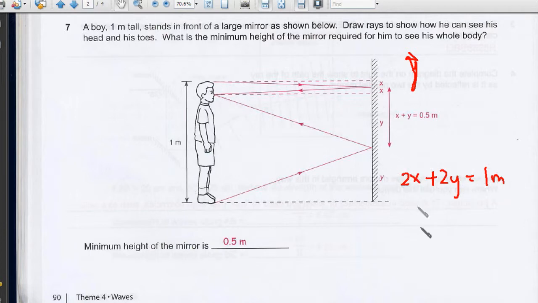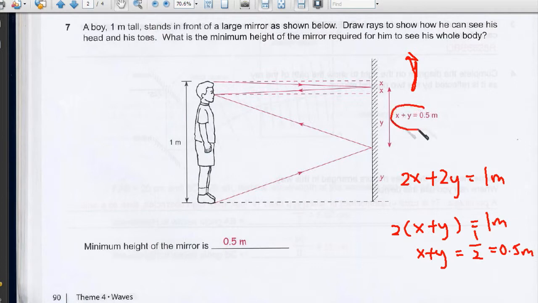Let's pull out the common factor, which is 2. Then x plus y equals 1 over 2, which equals 0.5 meters. So this is the answer: x plus y is 0.5 meters. So the minimum length of the mirror that the boy can use in order to see his whole body is actually 0.5 meters.